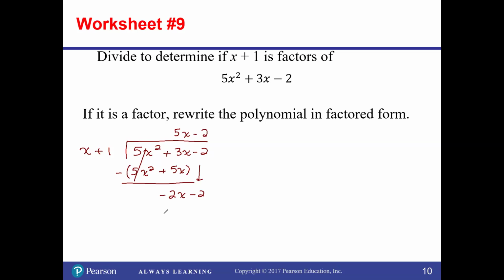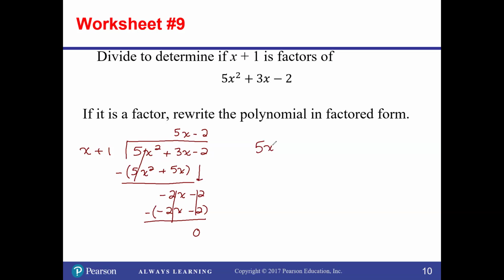So negative 2 times x is negative 2x. Negative 2 times positive 1 is negative 2. I'm subtracting that, so that goes away. Negative 2 plus 2 cancels out. We're left with a remainder of 0.